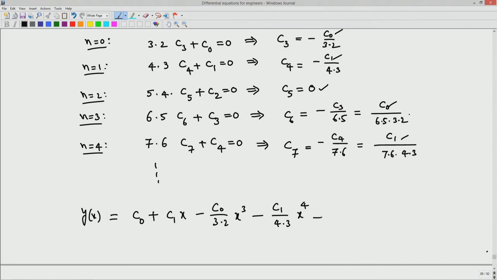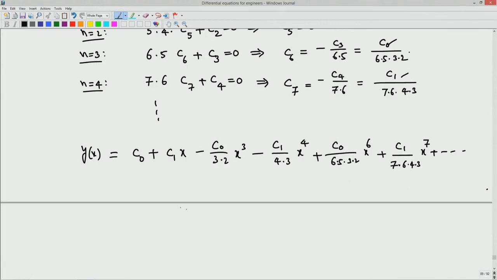C5 is 0, C6 again plus C0 divided by 6·5·3·2 x power 6, right, and then plus C7 is C1 by 7·6·4·3 x power 7 and so on. C8 will be 0 and so on.